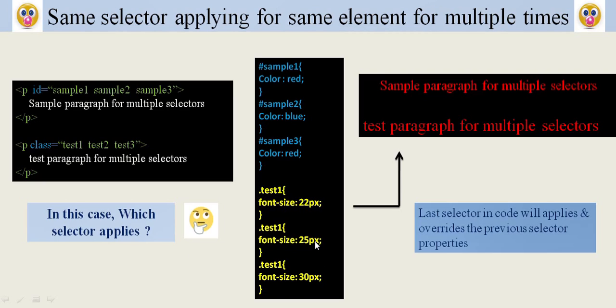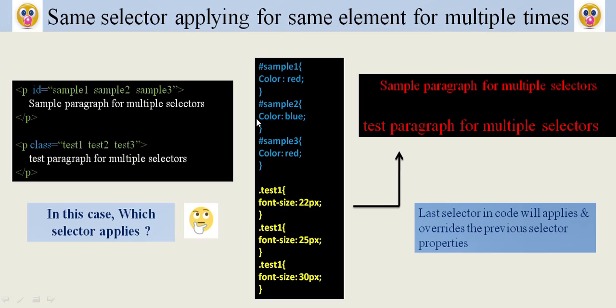And it will override all the previous selector properties. For example, when you created the ID selector sample1, we have given the color red. That means it will apply the red color to our element, like the sample paragraph for multiple selectors will be turned to red.